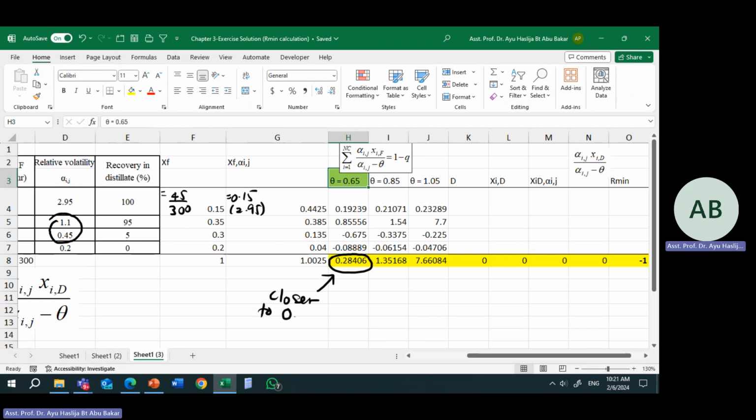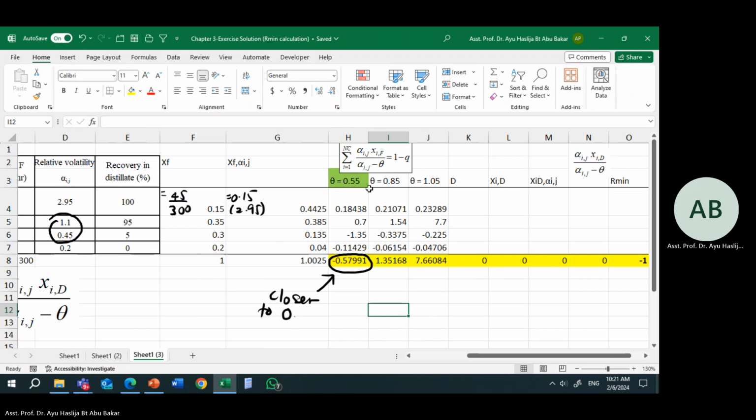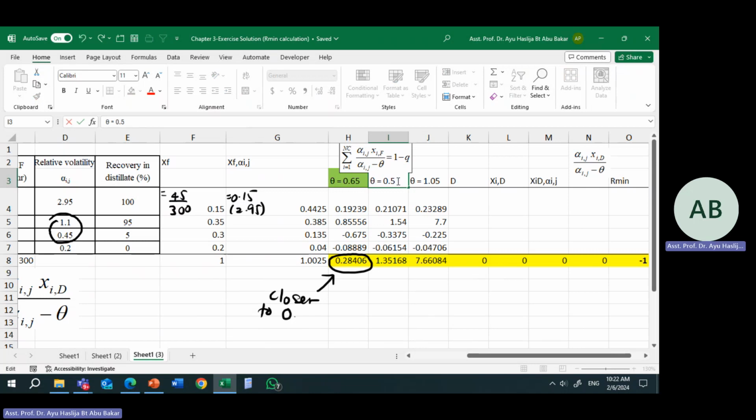Let's say we change the value. We know 0.65 is closer to 0. Then let's say we change to 0.55. Wait, we just remain with 0.65 here, and 0.55, so that you can see the difference.